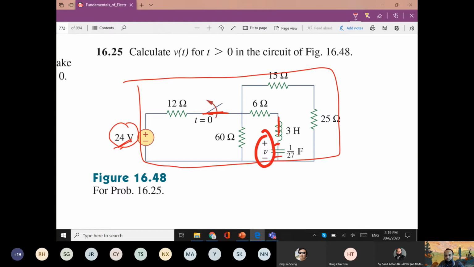So we need to find this voltage, which is V0, and this current, I0. Once we have these, we can proceed with the normal circuit analysis by replacing those values in the circuit elements we just learned about, right?